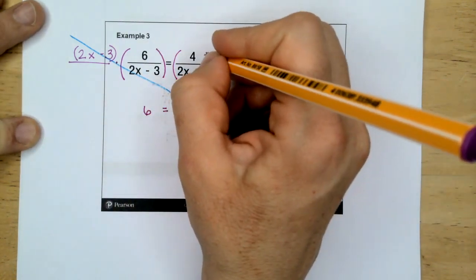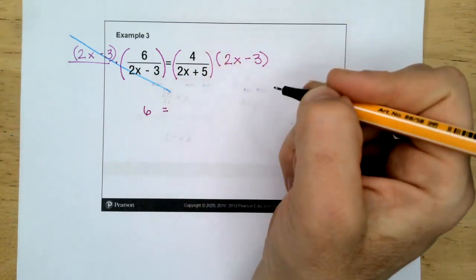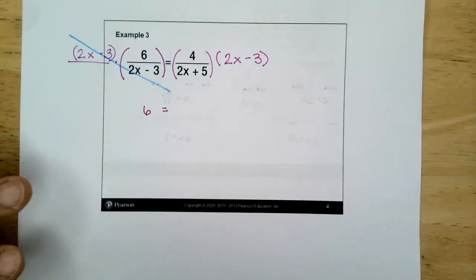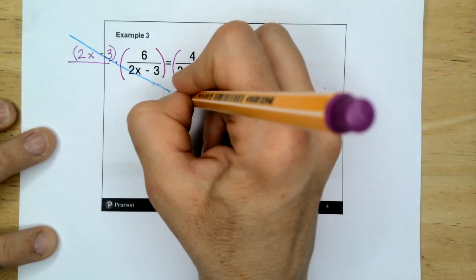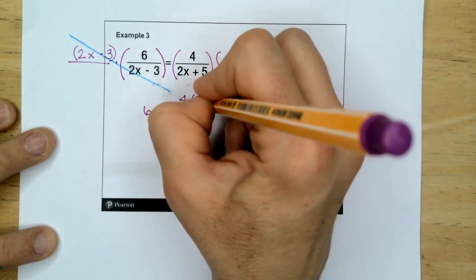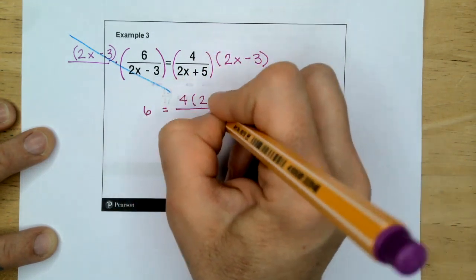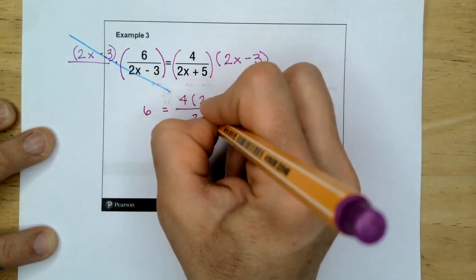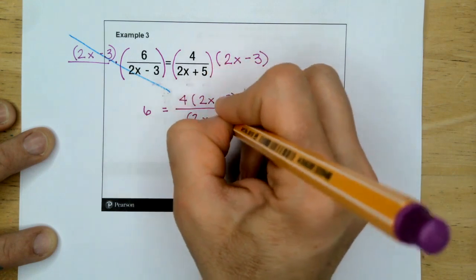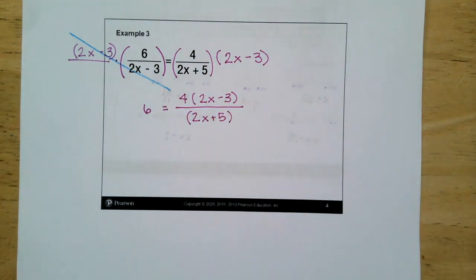Here, I have 4 times 2x minus 3 divided by 2x plus 5. Okay?